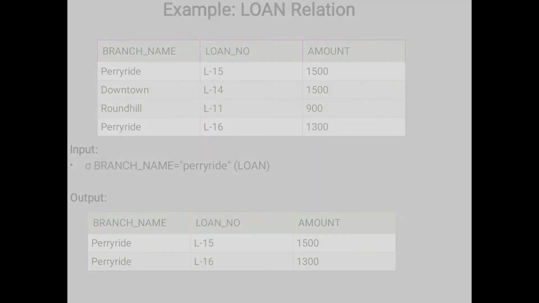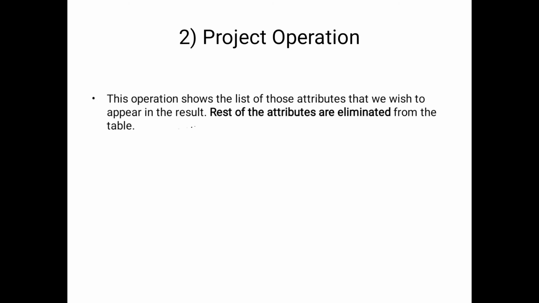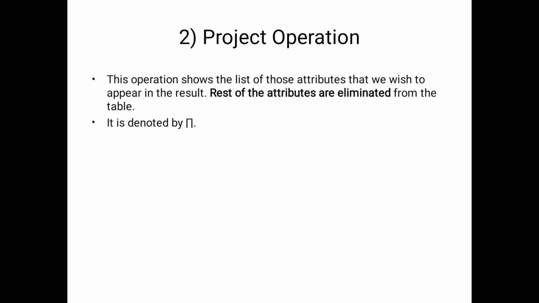Next we will move to another operation, that is the project operation. Here the project operation is denoted by pi. What is the use of project operation? In which situations do we use it? It shows the list of those attributes. Here we consider only one type of field.